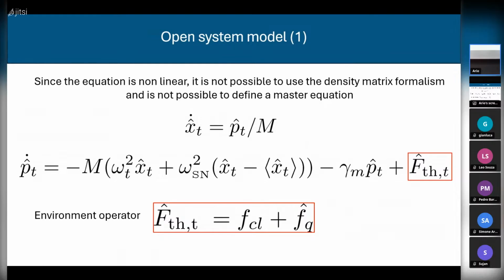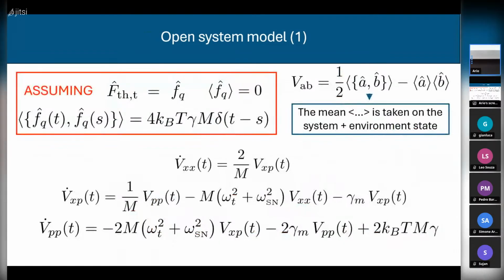So, let's go on. Now we have to make some assumption about the behavior of this thermal noise.